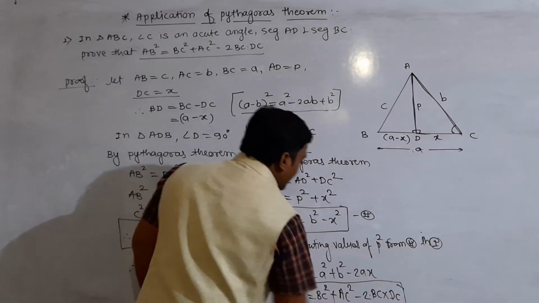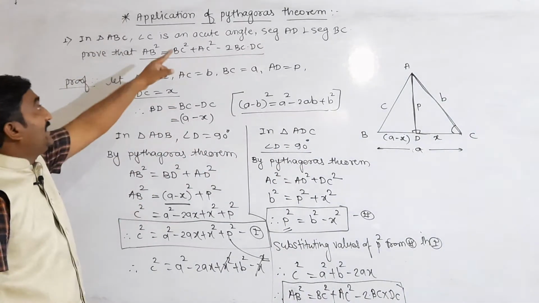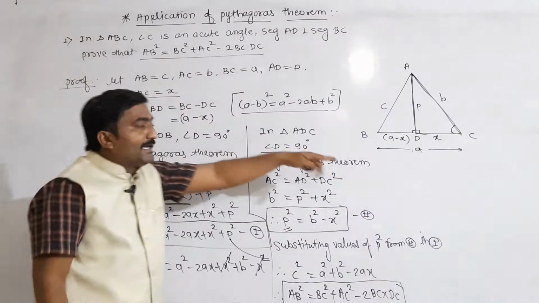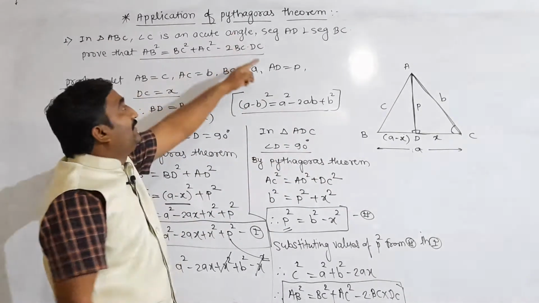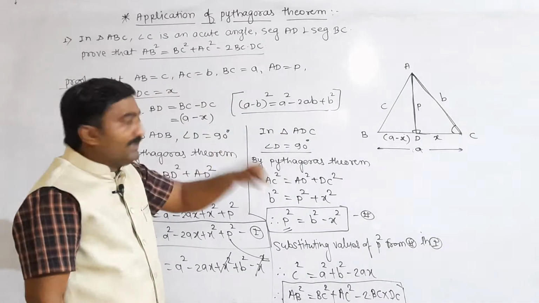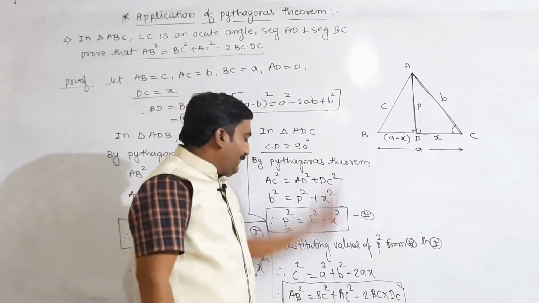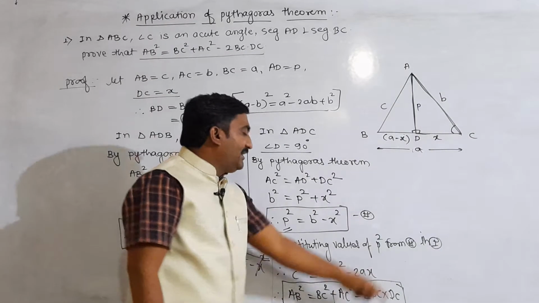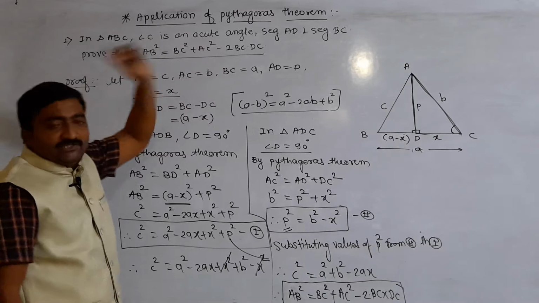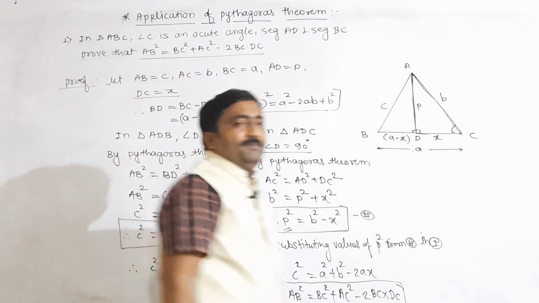Therefore we can say that in triangle ABC, angle C is an acute angle, and segment AD is perpendicular to BC, then AB square is equal to BC square plus AC square minus 2BC into DC. This is the first application of Pythagoras theorem.